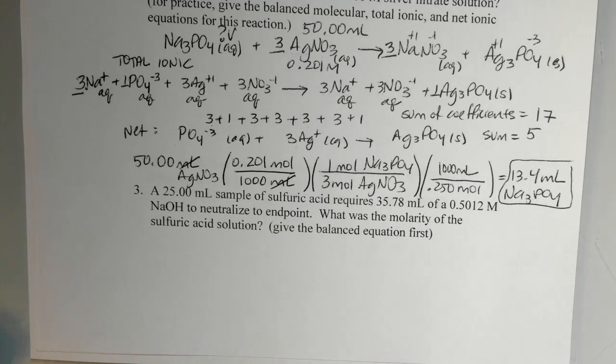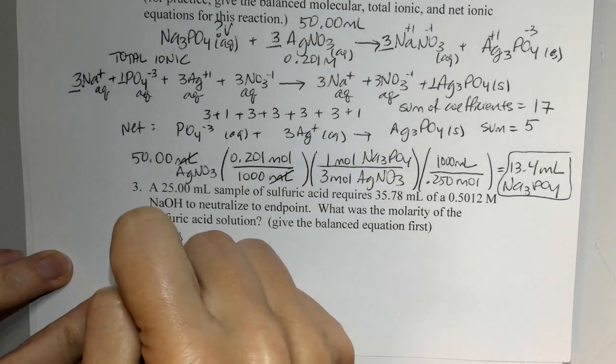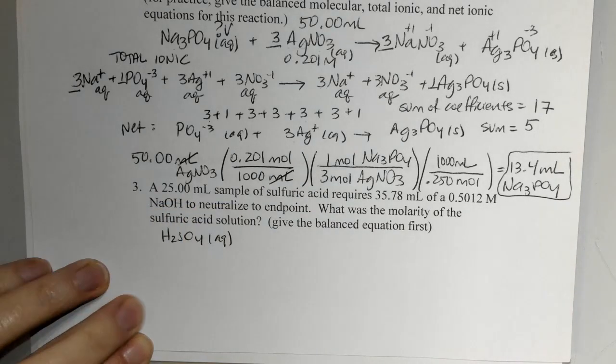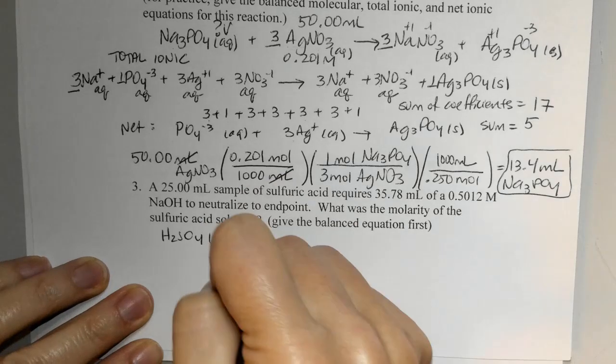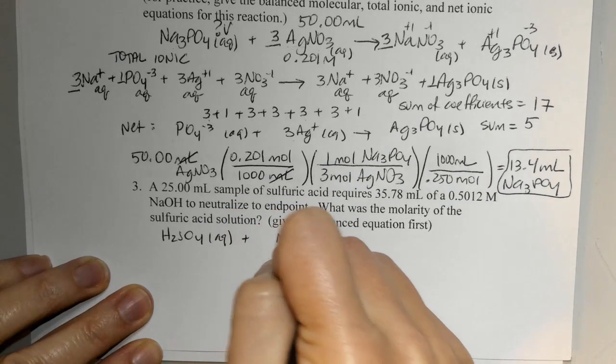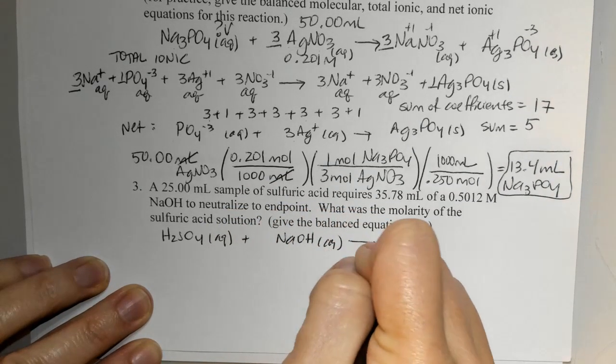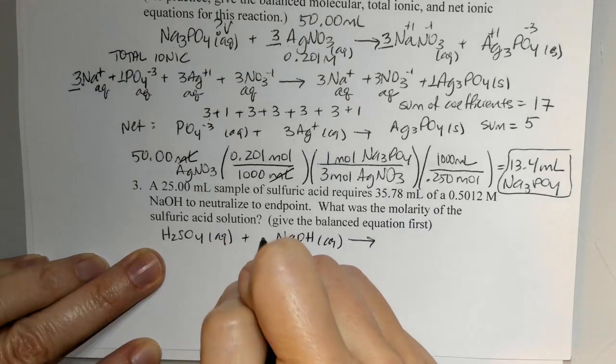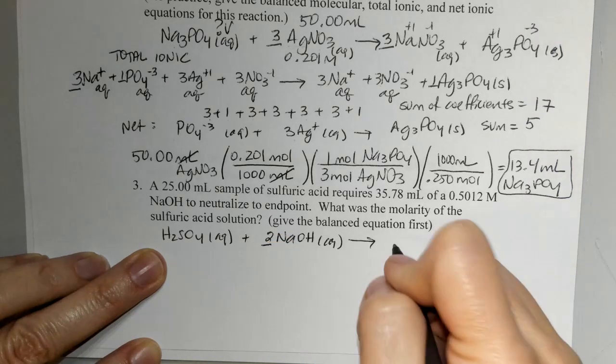All right. Next question, number 3, says we've got 25 mils of sulfuric acid, which is H2SO4. It's a solution, so again, aqueous. And we are going to react that with sodium hydroxide to endpoint. All right, so acid-base reaction. Since there are 2 hydrogens in the acid, we want to make sure we've got 2 hydroxides from the base.